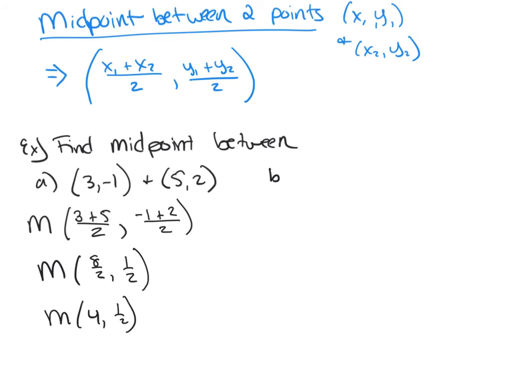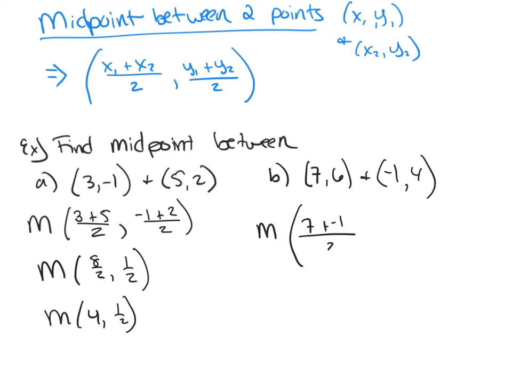Okay, let's do one more quick one. Let's say between (7, 6) and (negative 1, 4). The midpoint would be 7 plus negative 1 over 2, and 6 plus 4 over 2.